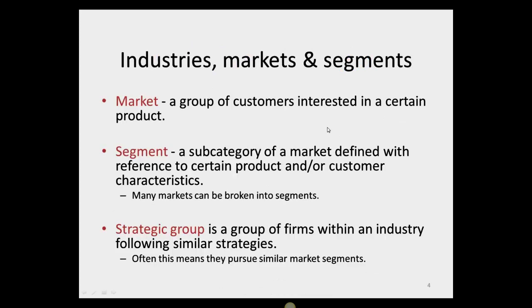And a few more terms. A market is a group of customers. The reason I mention this is because people confuse these terms. They call a market an industry and vice versa. A market is a group of customers. The industry is the companies and suppliers and customers that you're competing with or cooperating with. A segment is a subcategory of a market. A strategic group is a group of firms that are following similar strategies.